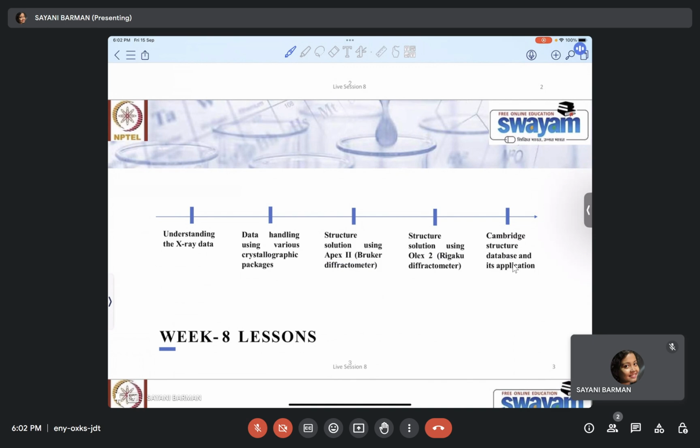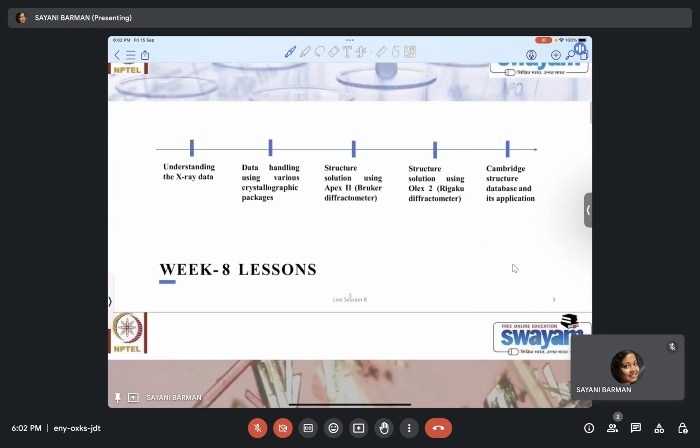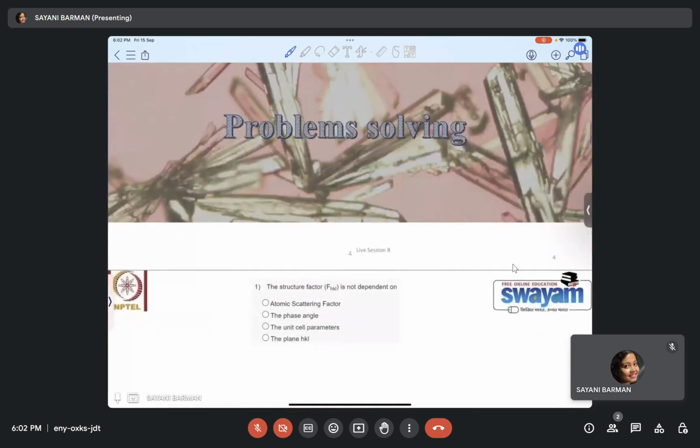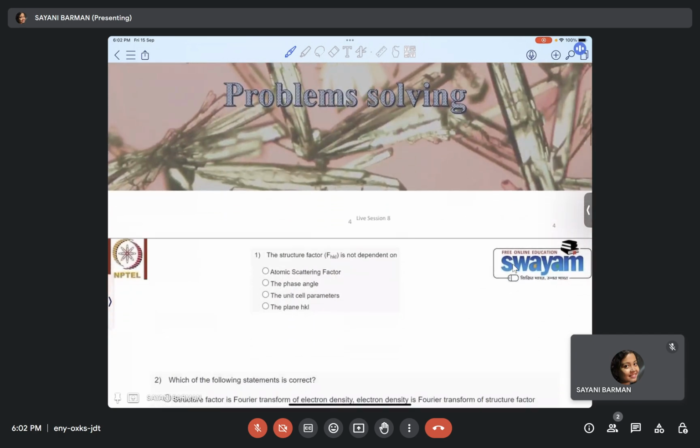And also regarding the CCDC, sir has taught us how to check the structures and how to get the basic information about the structure, how to find out how novel your compound is, whichever you are synthesizing or whichever you are getting. That's all. So moving towards the problem solving session.